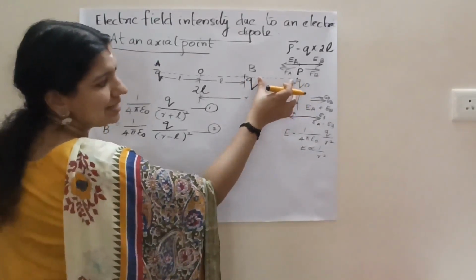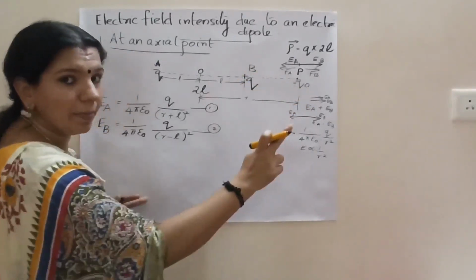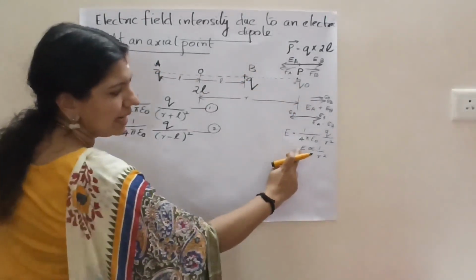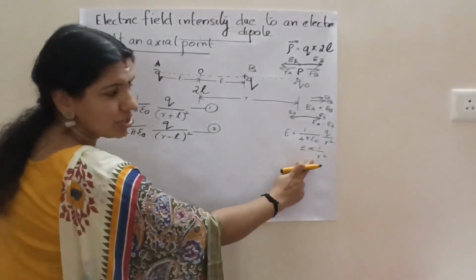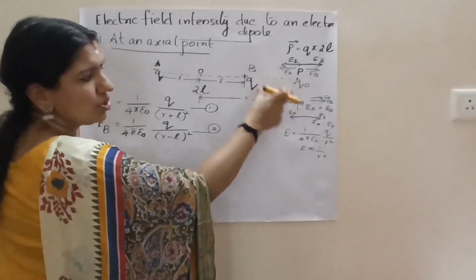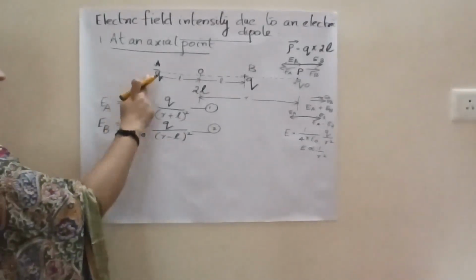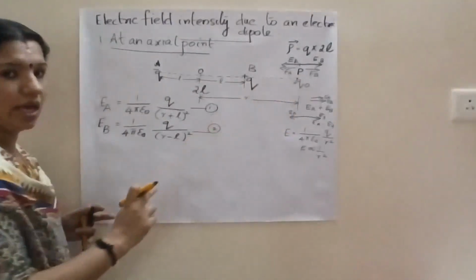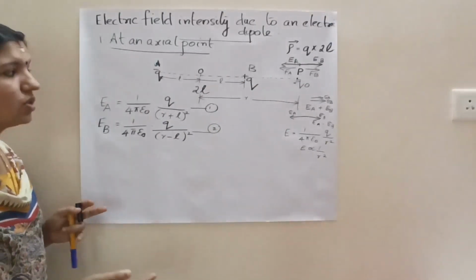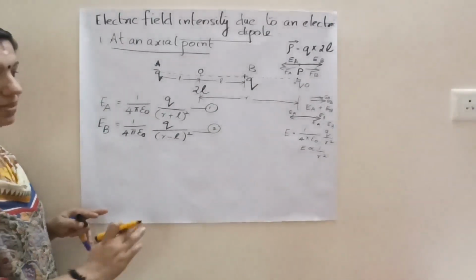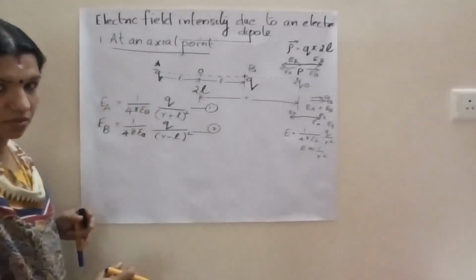Distance less means electric field will be more. According to this equation, if the distance between the two charges is less, the electric field will be more. And from minus Q to plus Q naught, the distance is more, so the electric field will be less. That is also obeying this equation.